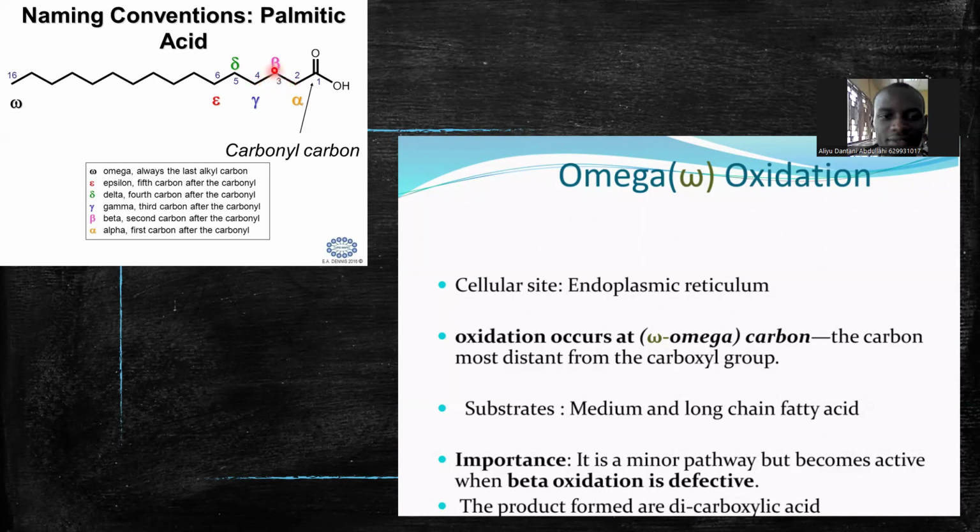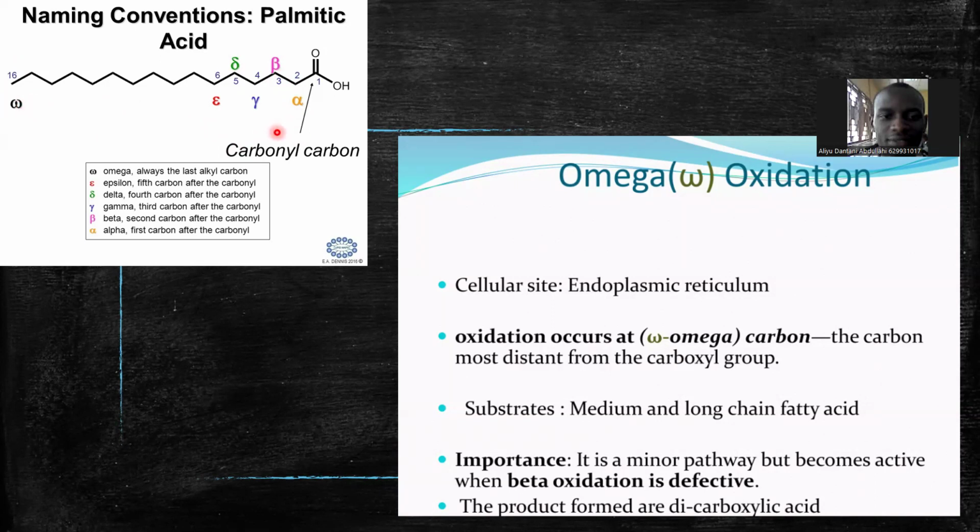The cleavage happens, and you have two carbons of acetyl-CoA going out because of beta oxidation, right? Gamma carbon, delta carbon, epsilon carbon, up to the last carbon on this side, which is the omega carbon. So apart from beta oxidation, we have alpha oxidation, as well as omega oxidation of fatty acid.